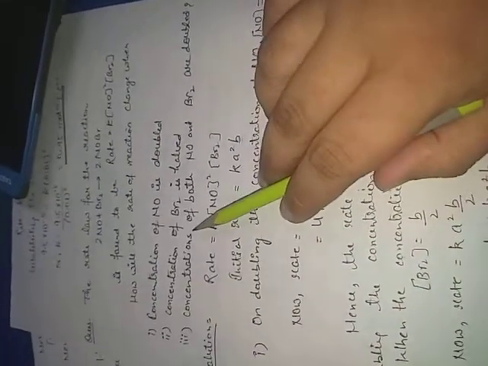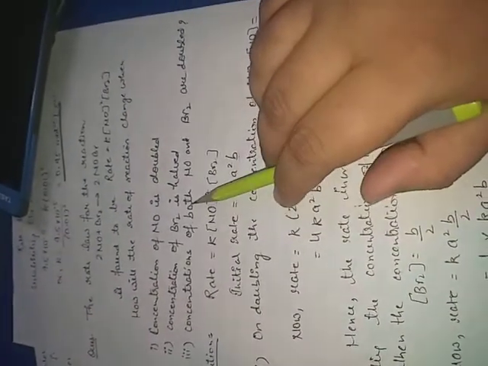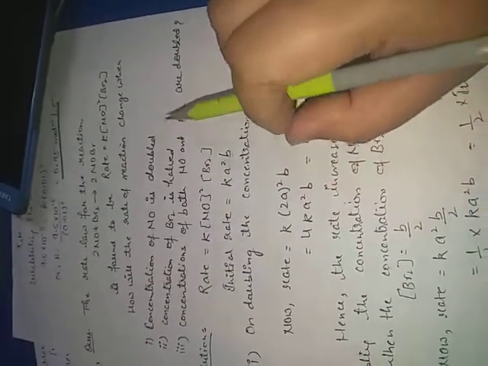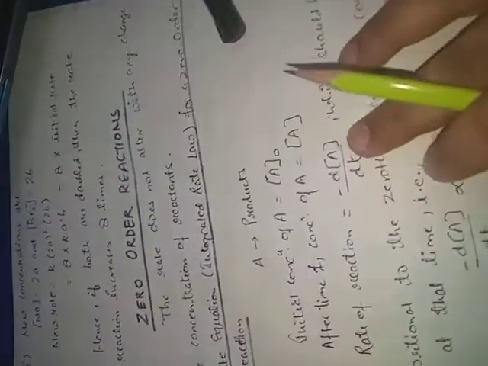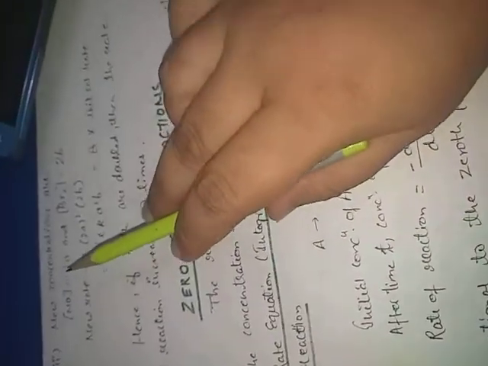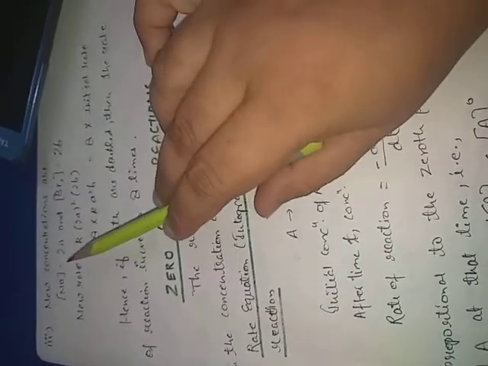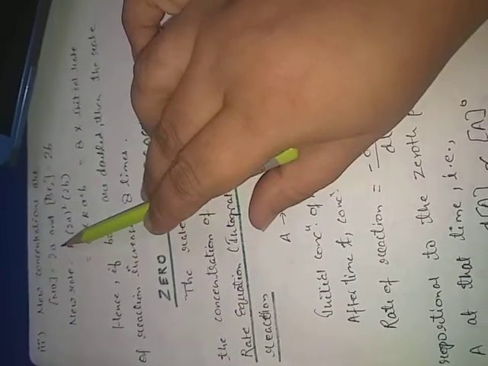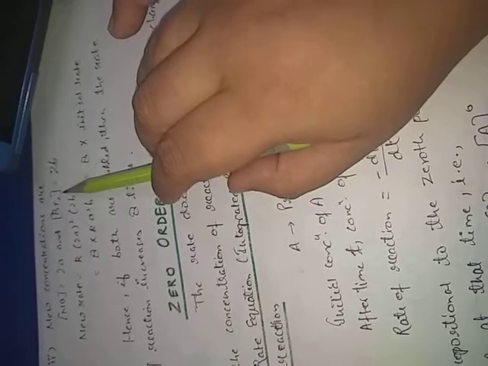Now the third one is when the concentration of both NO and Br2 are doubled. If we double the concentration of both NO and Br2, see, we are doubling the concentration of NO and of bromine also.